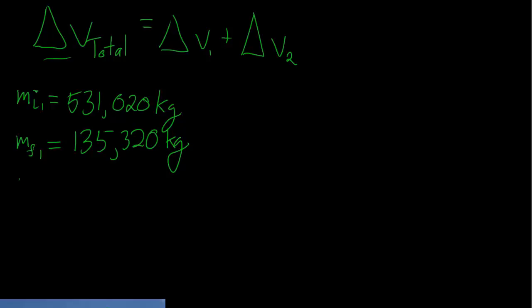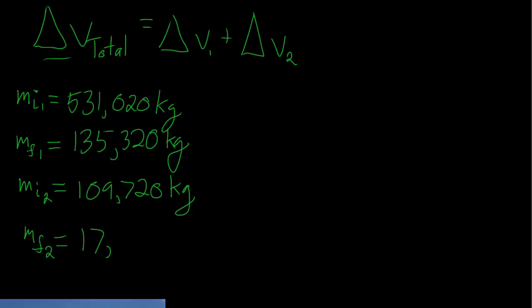And the initial mass of stage 2 is 109,720 kilograms. And the final mass of our rocket in stage 2 is equal to 17,050 kilograms.